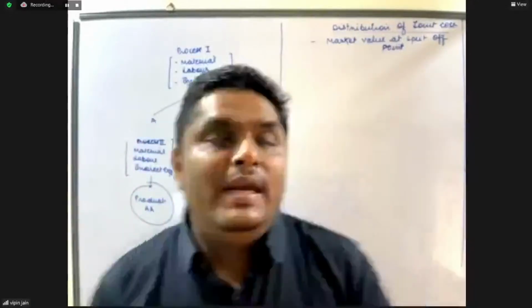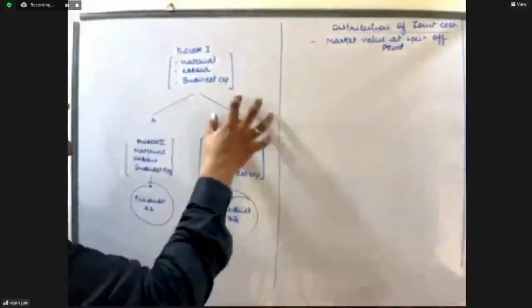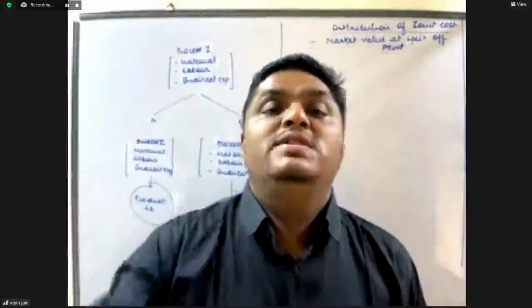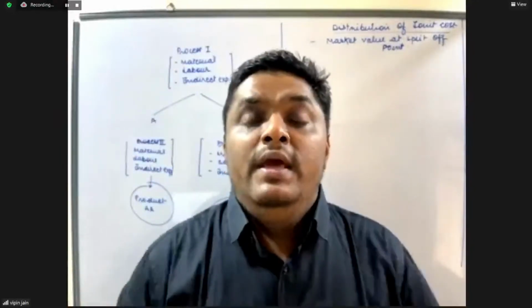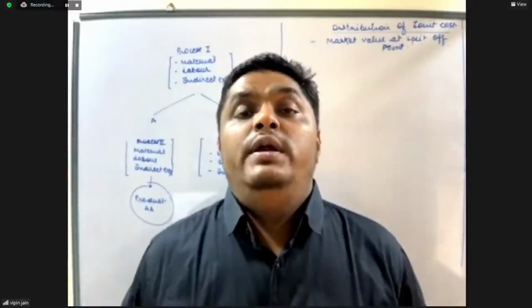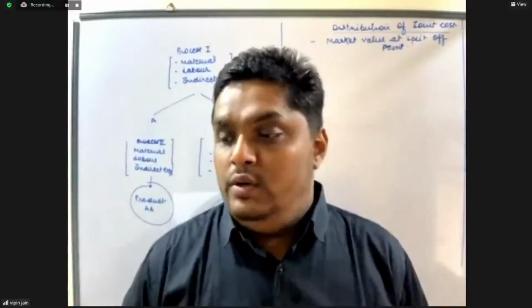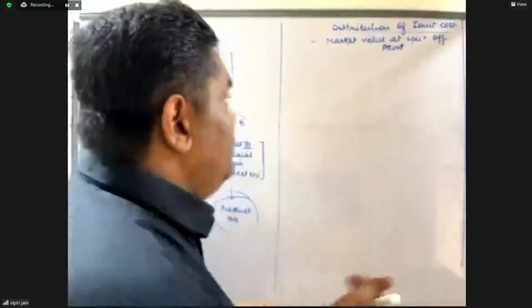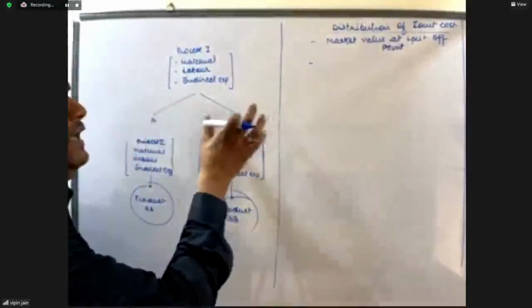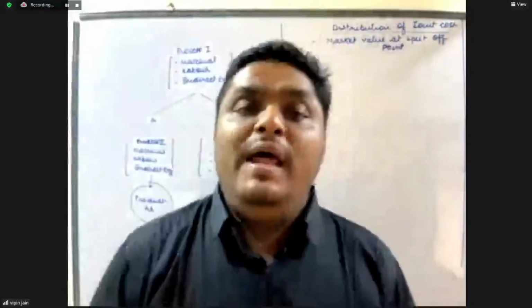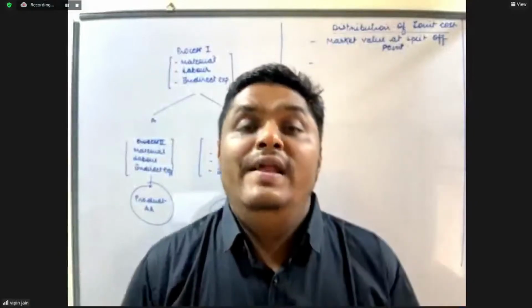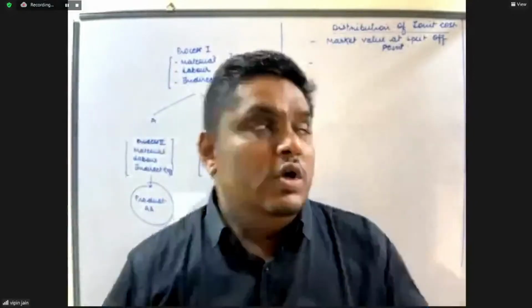If the market value of these two intermediate products is not available, neither are we selling nor is anyone in this world selling products A and B. These products A and B are not marketable. Now the point is how to distribute the joint cost. So herein we will calculate the dummy market value of product A and B.